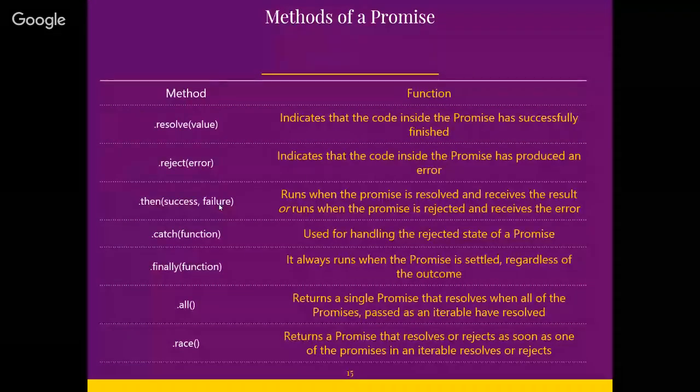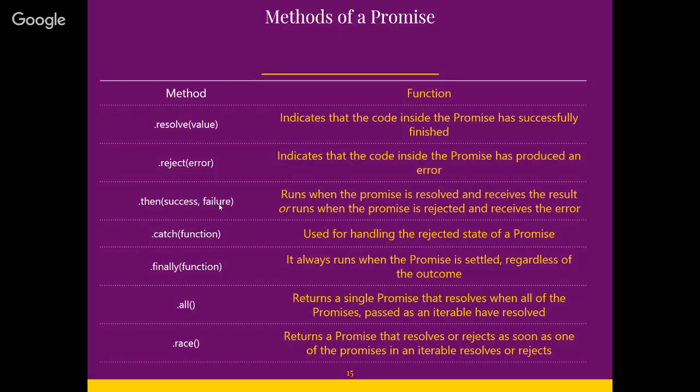What's specific for the race method is that we have an iterable full of promises, and the first one of these promises to get resolved in some way, so it may fail or may complete successfully, that value is going to get returned. All of the other promises are stopped and disregarded. Only the one that completes first will get its results as a promise.